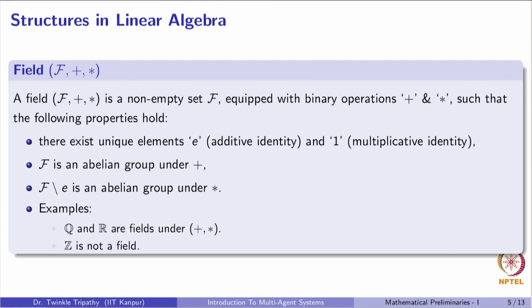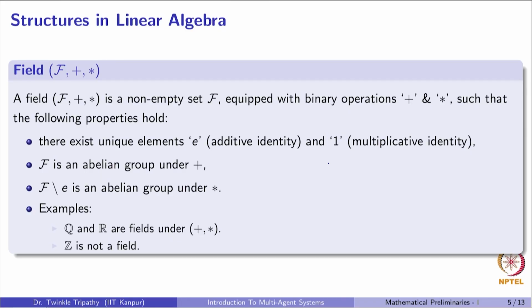Now, interestingly, the set of integers does not form a field. Why does it not form a field? There is something that becomes missing there. Let us see. Suppose I take an element x and multiply it under the multiplication operation.